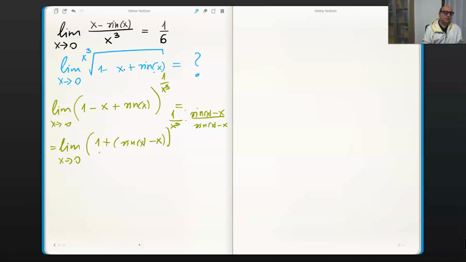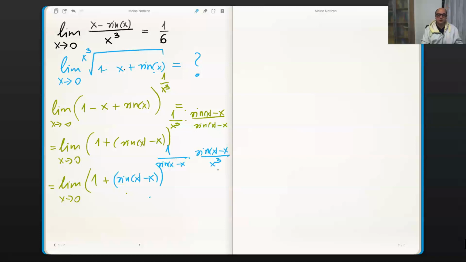Everything is fine, right? So now we are writing it as limit x towards 0 of (1 plus (sine of x minus x)) to the power of 1 divided over (sine of x minus x), times (sine of x minus x) divided over x cubed.